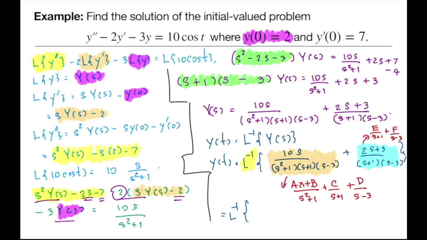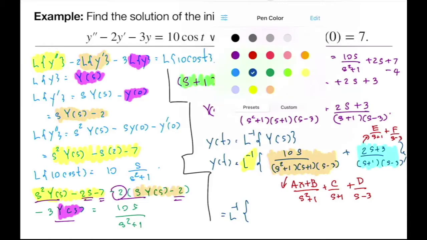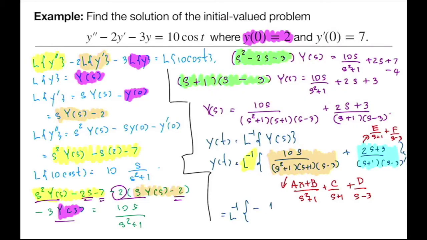These two fractions can be written as minus 1 divided by s squared plus 1, minus 2s divided by s squared plus 1, plus 3 divided by s minus 3, plus 1 over s plus 1.